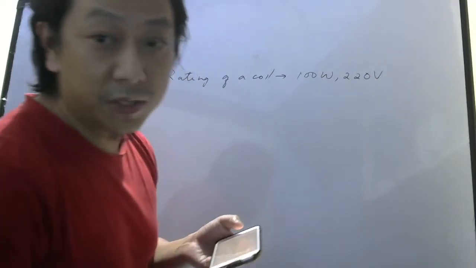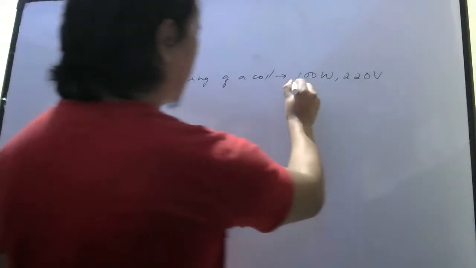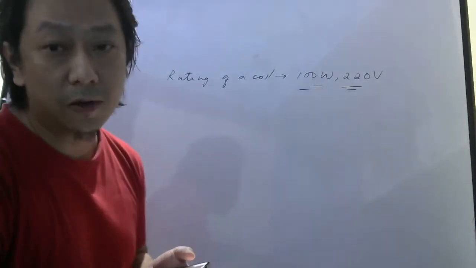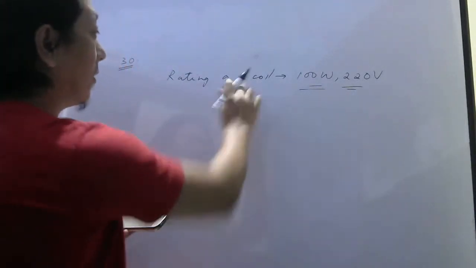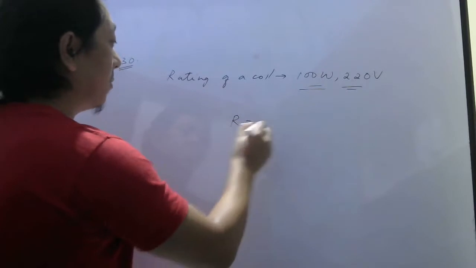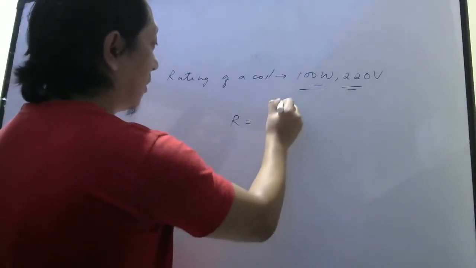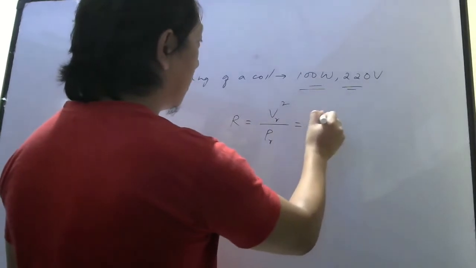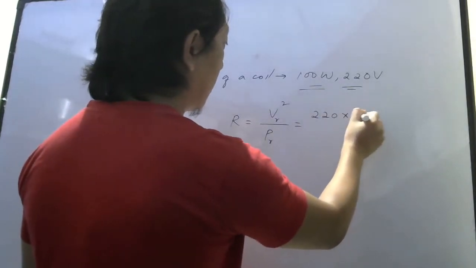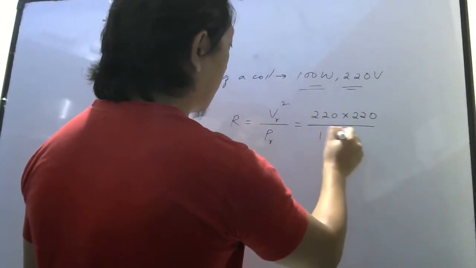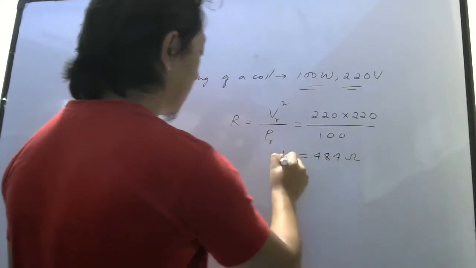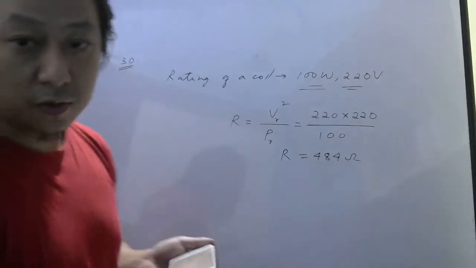I have told you numerous times, the moment you are given the power rating and voltage rating, the first thing you should calculate is the resistance of the coil. So resistance will be voltage rating squared by power rating, 220 into 220 divided by 100. So this will be 484 ohms. So the resistance of this coil is 484.